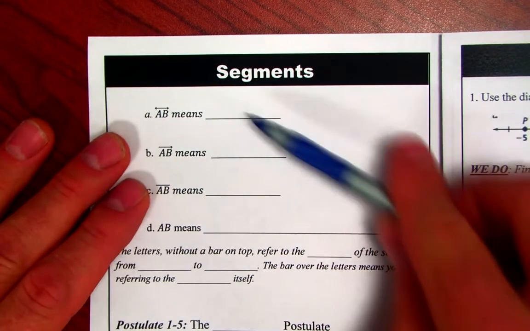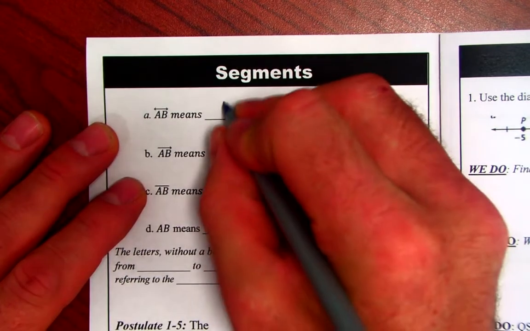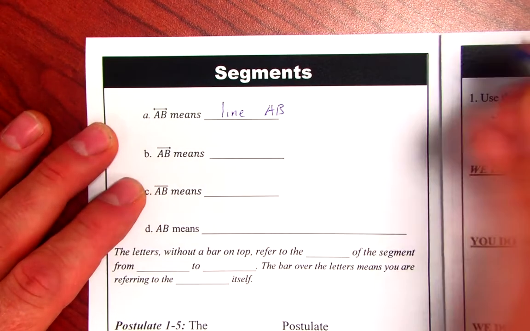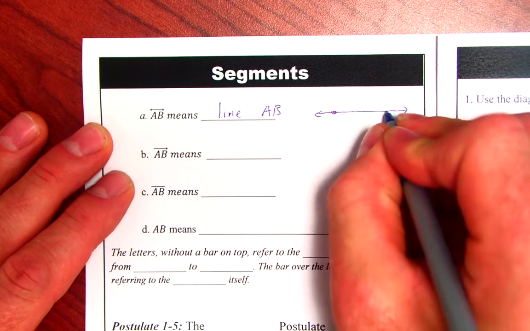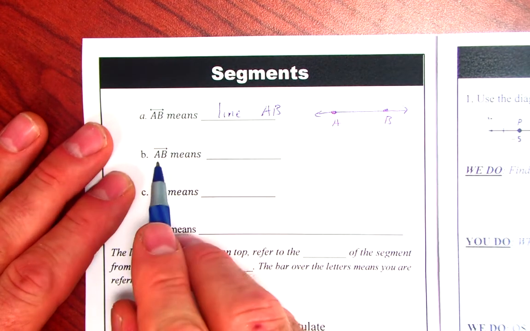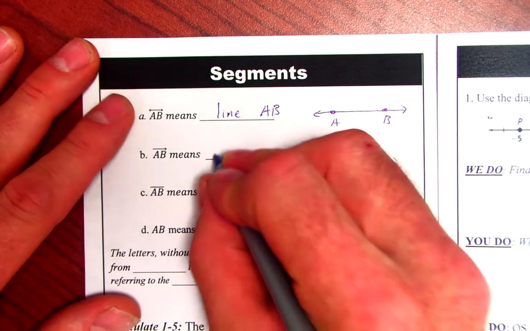Now this is something we're already familiar with, that AB with a line above it means line AB, right? And so that's how you read it. That's how you draw it. AB with just a single arrow on top means ray AB.